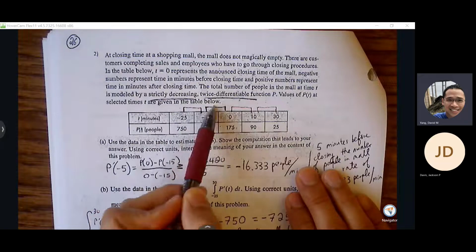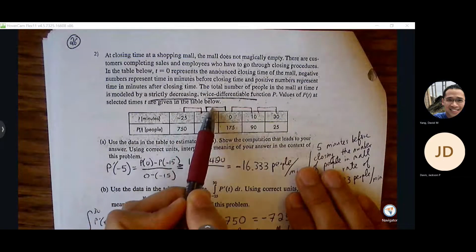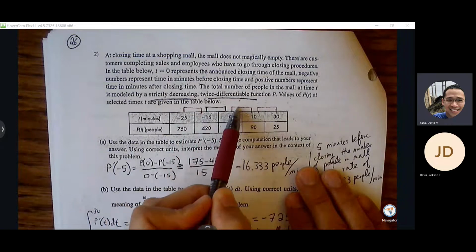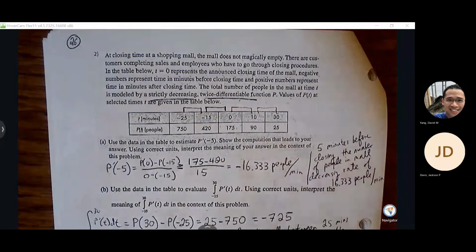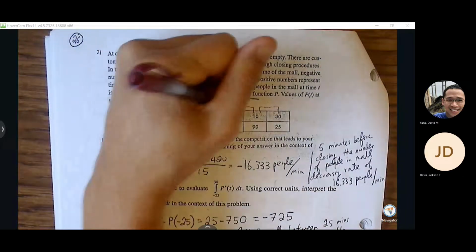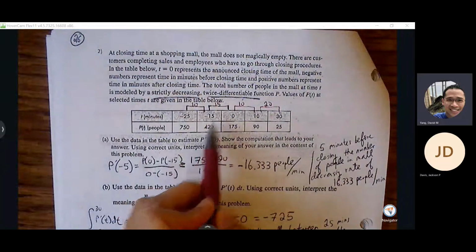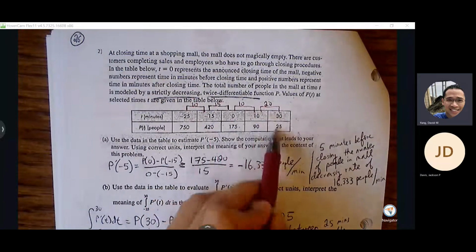All the widths are going to be positive values, right? -15 minus -25, 0 minus -15, 10 minus 0, 30 minus 10. Width times height, width times height, width times height, width times height.